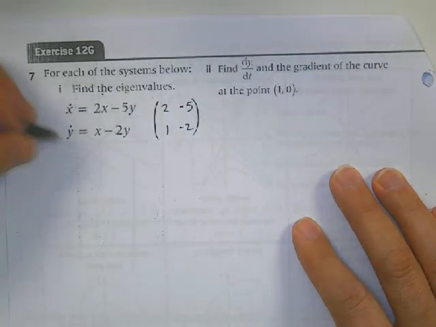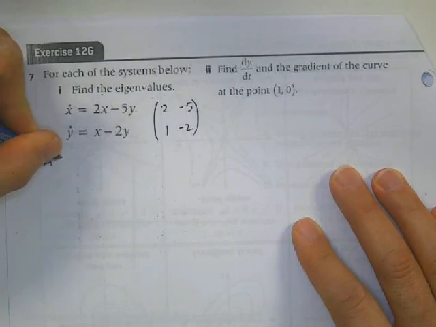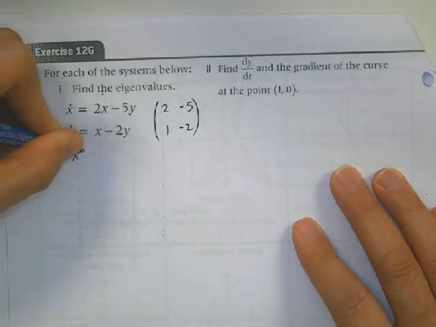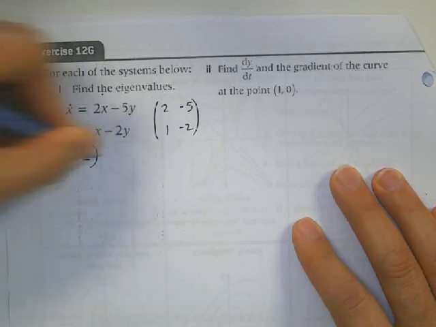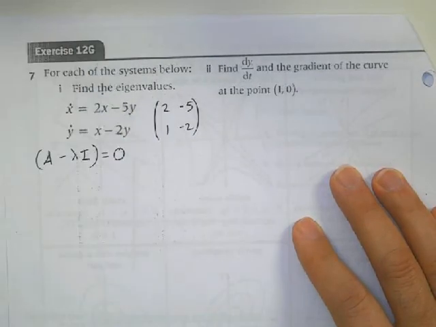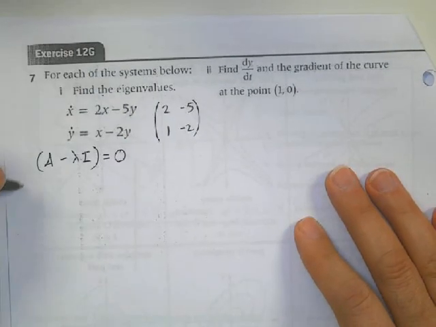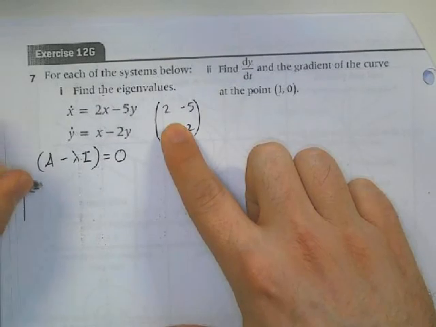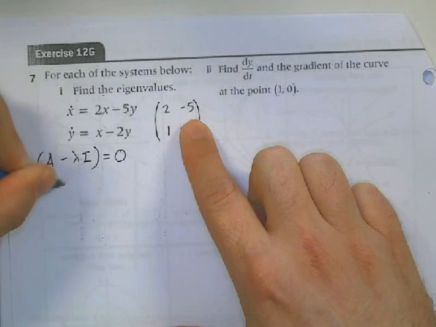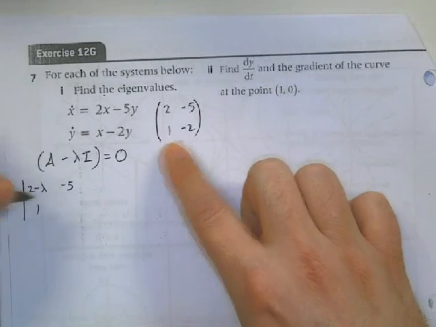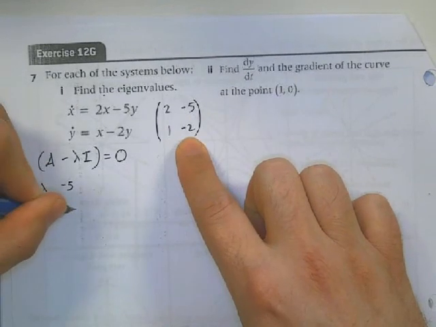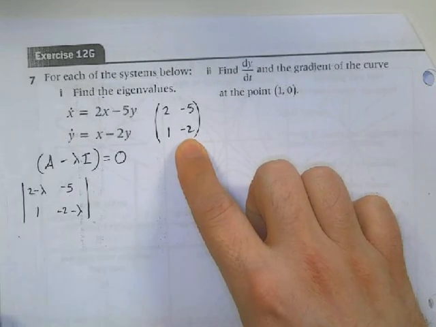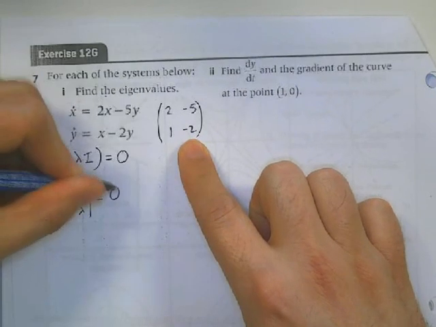So now I want to find the eigenvalues. We use our relationship here to do that. I'm going to do 2 minus lambda, and then -5 here, and then 1, and then -2 minus lambda. And we're going to take the determinant of that, so make this equal to 0.